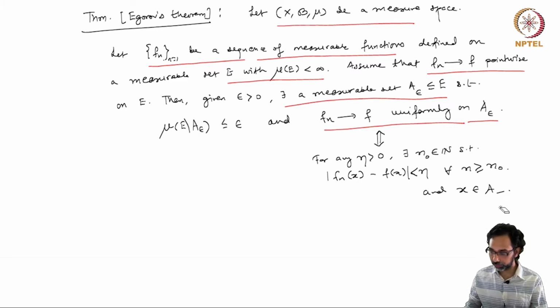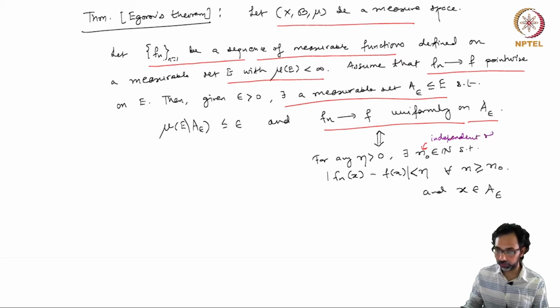The point is that the difference between uniform convergence and pointwise convergence is that this n_0 is independent of the chosen point x. This holds for all x in this set A_epsilon.